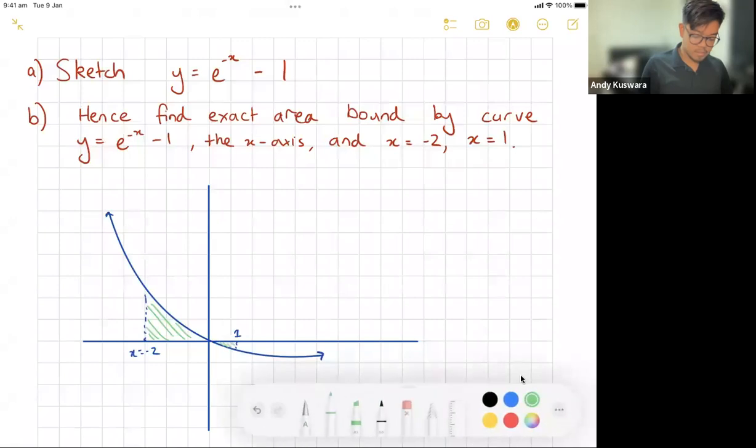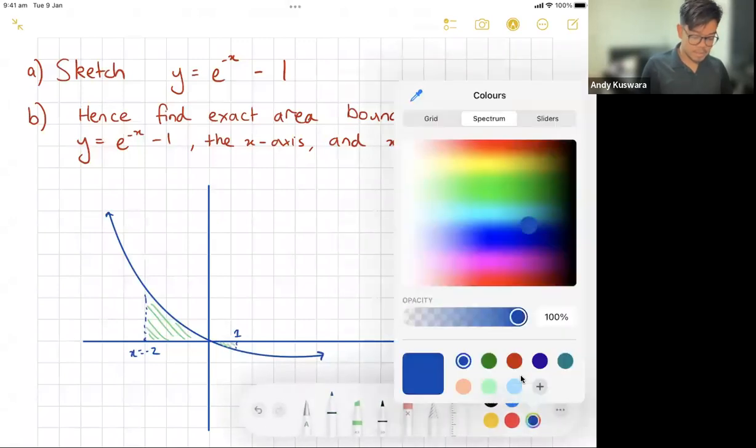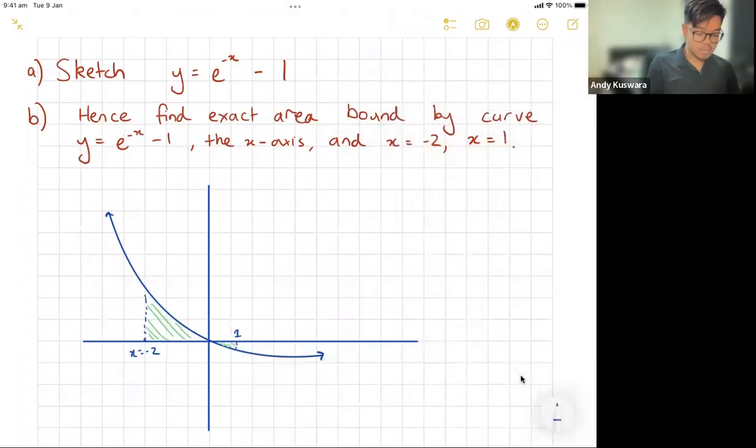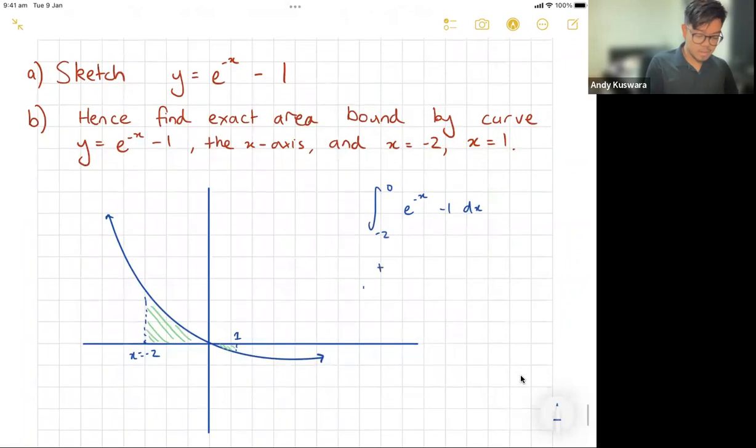Now, I've got some positive, some negative, so I'm going to have to calculate accordingly. So in this case, it's going to be the integration between -2 and 0 of e to the negative x minus 1 dx. And then I'm going to have to add the absolute value of the integration between 0 and 1 of e to the negative x minus 1 dx.